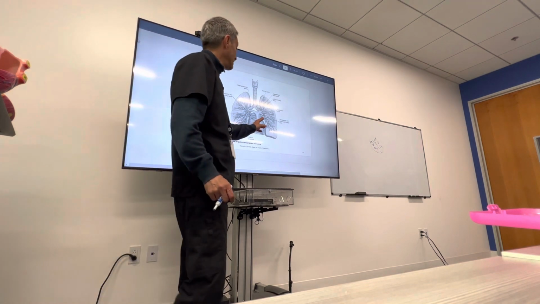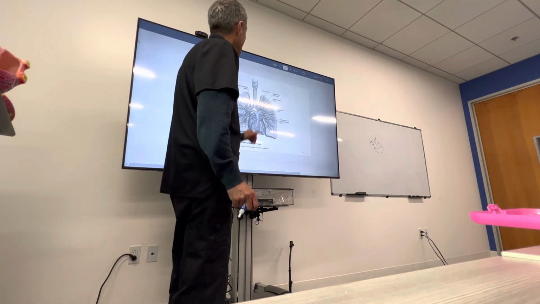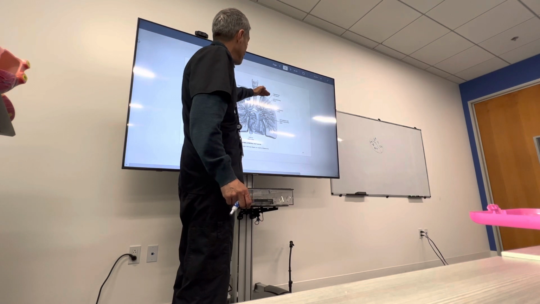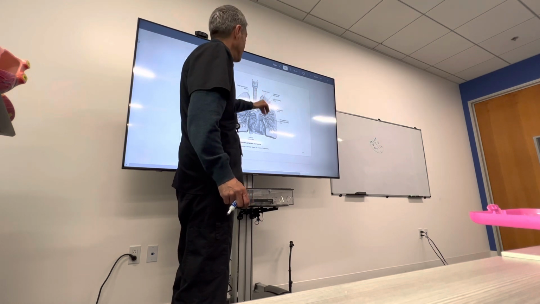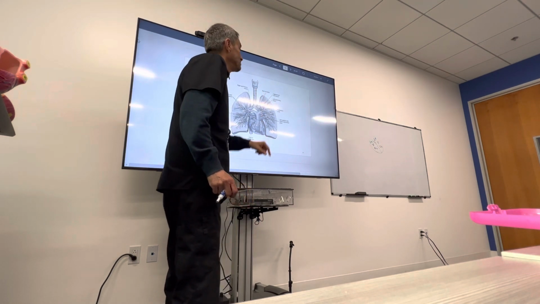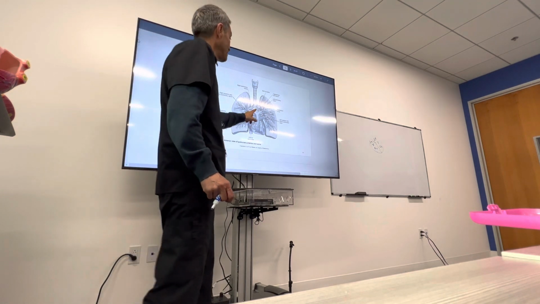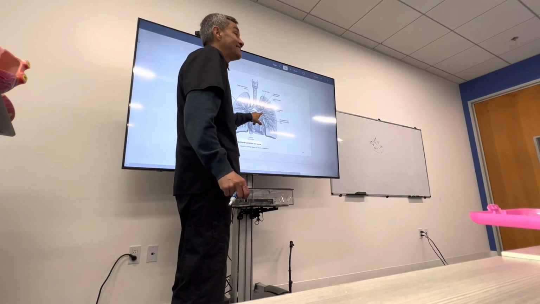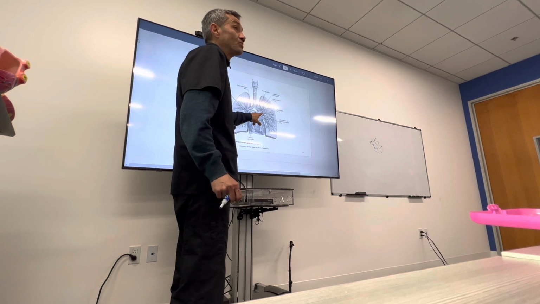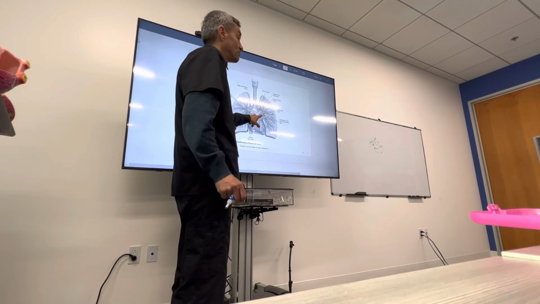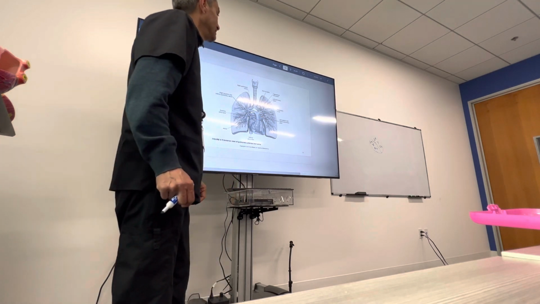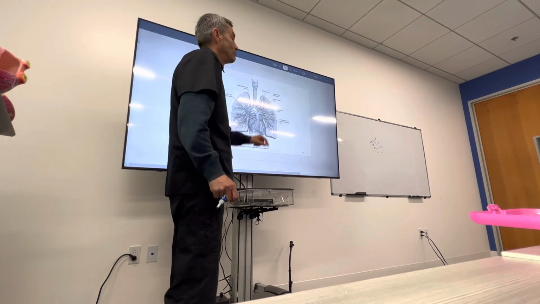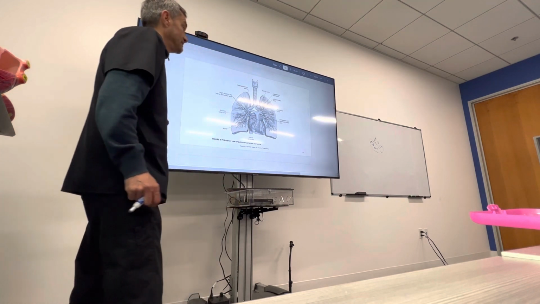If you move to the left side, it is the same, coming from superior toward inferior. First, you are going to see the left pulmonary artery, underneath of it and toward posterior, the left bronchus. If you go further, more toward inferior, you will see the inferior pulmonary vein.